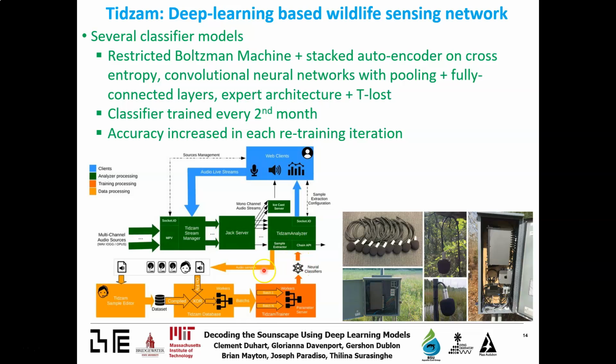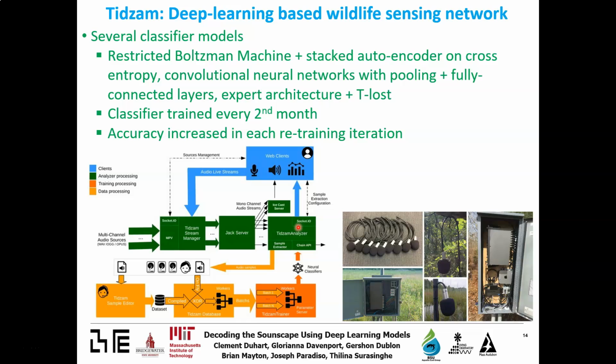We feed in the test data collected from Tidmarsh, and it undergoes some streaming processes, then multiple servers, and ultimately the actual analyzer that contains the neural classification, the multi-layered neural systems.